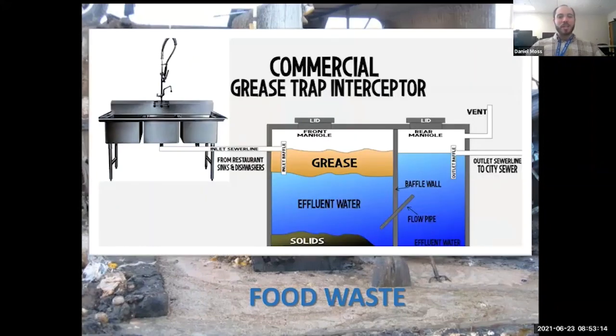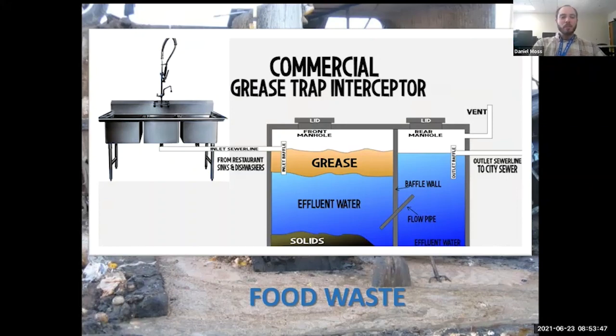This is a much more common form of food waste that we are protecting from, which is your very conventional wash sink in a restaurant, of which there are a million here in Truckee Meadows, and the grease trap that all restaurants and food processing facilities are required to have to keep the grease and the solids out of our sewer system.